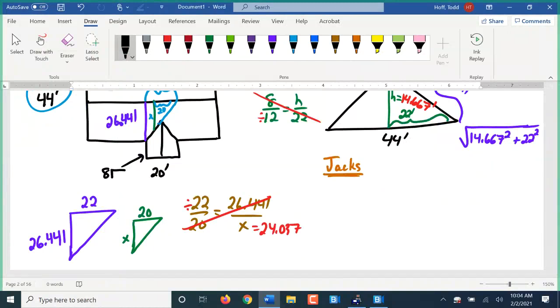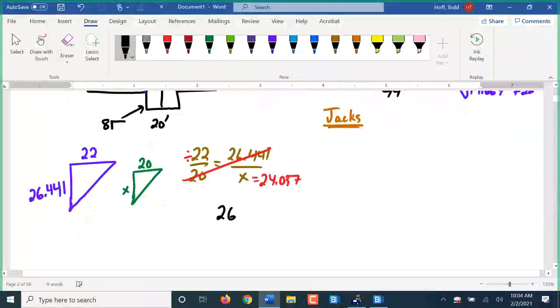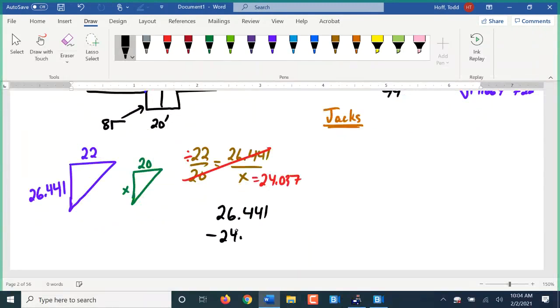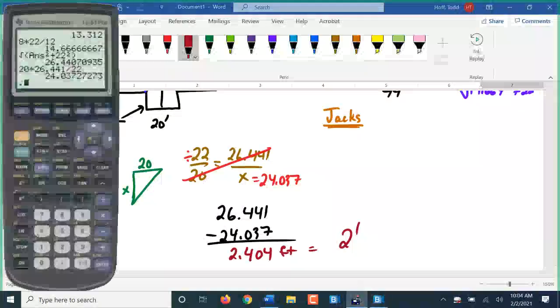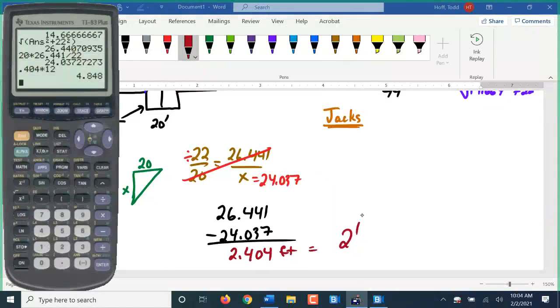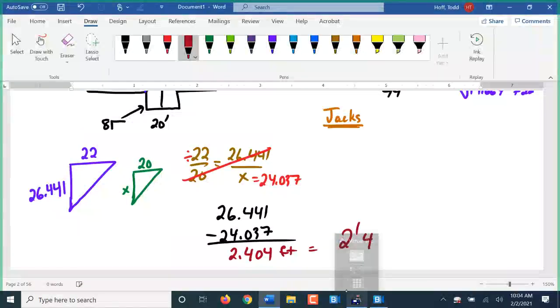And we subtract to get the decrease. 26.441 minus 24.037 equals 2.404 feet. 2 feet, 0.404 times 12 to make it inches. 4.808 inches, or 4/8 and 8.